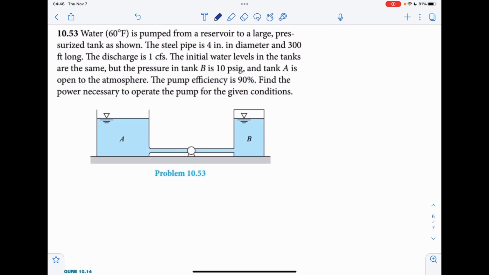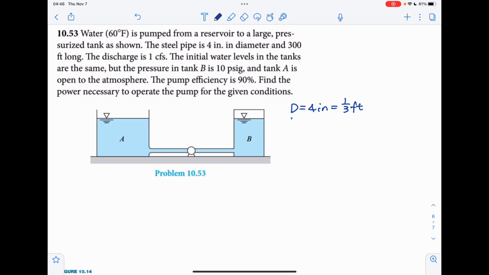Now let's look at the last problem, 10.153. The water is being pumped from a reservoir to a pressurized tank. The steel pipe is 4 inches in diameter, so D equals 4 inch, which is 1/3 feet.